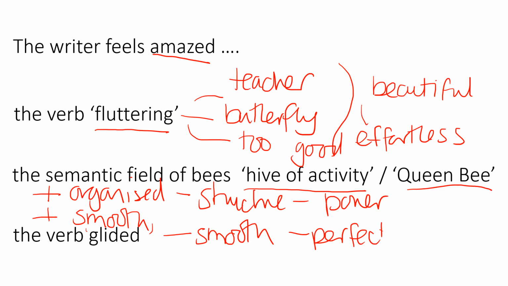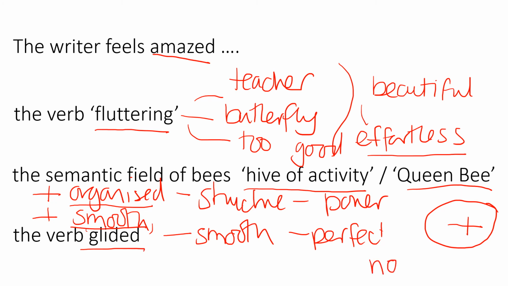And if we look at these words together, it gives us this overall picture of why he's so amazed about things. He's amazed because it looks like what they're doing is effortless. But he's also amazed about how everything is so organized and smooth, and how there seems to be no flaws in what's happening here.